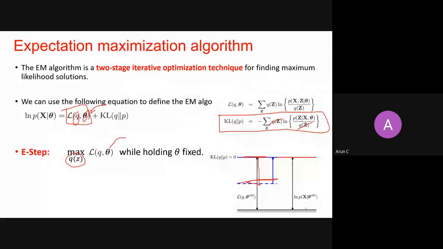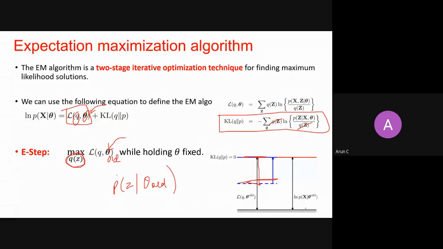Let's say this theta, I just call it old theta. When my theta was old, I maximized my lower bound. Then I need to calculate the posterior, so when I calculate the posterior, I use my old theta there, right?